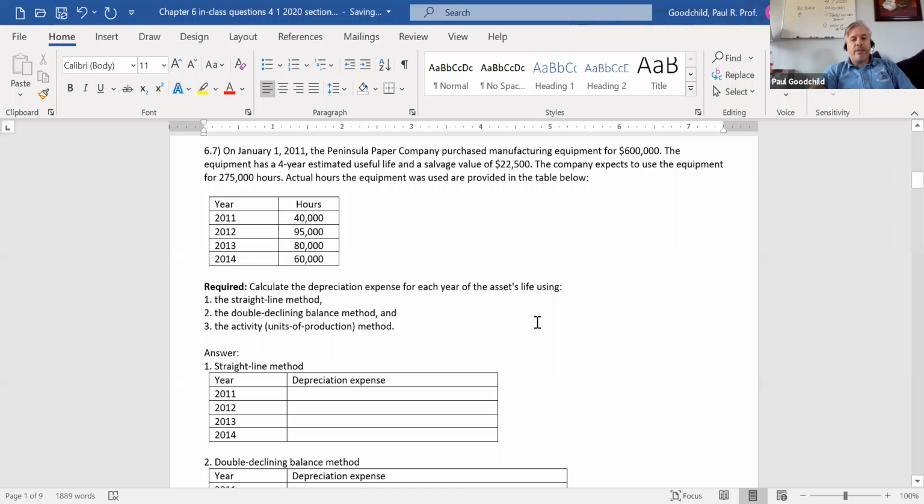So on 6-7, calculate the depreciation expense using the straight line method. It's the same for all 4 of the years, so you don't have to fill that out. Just do part 1. All you have to do is do 1 year.